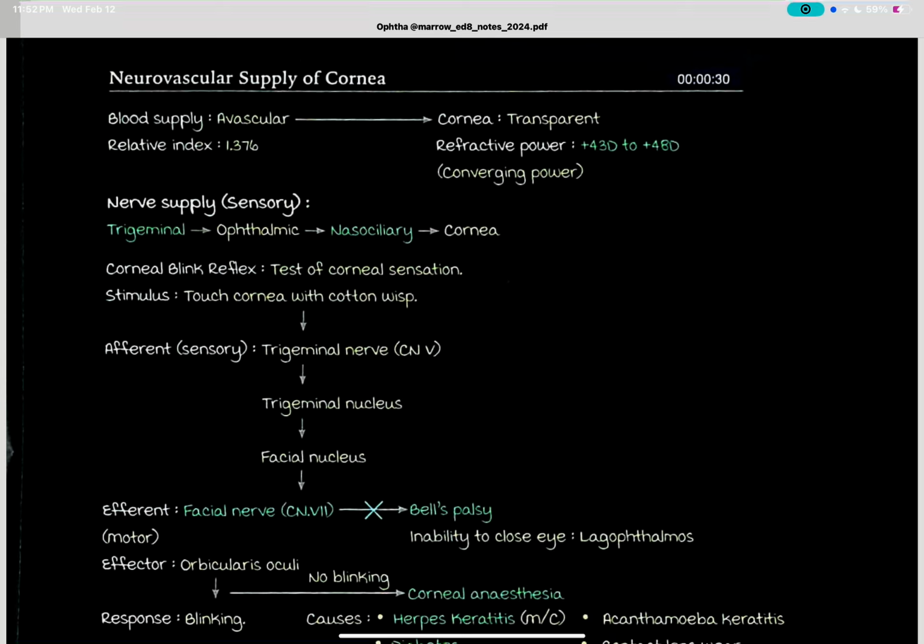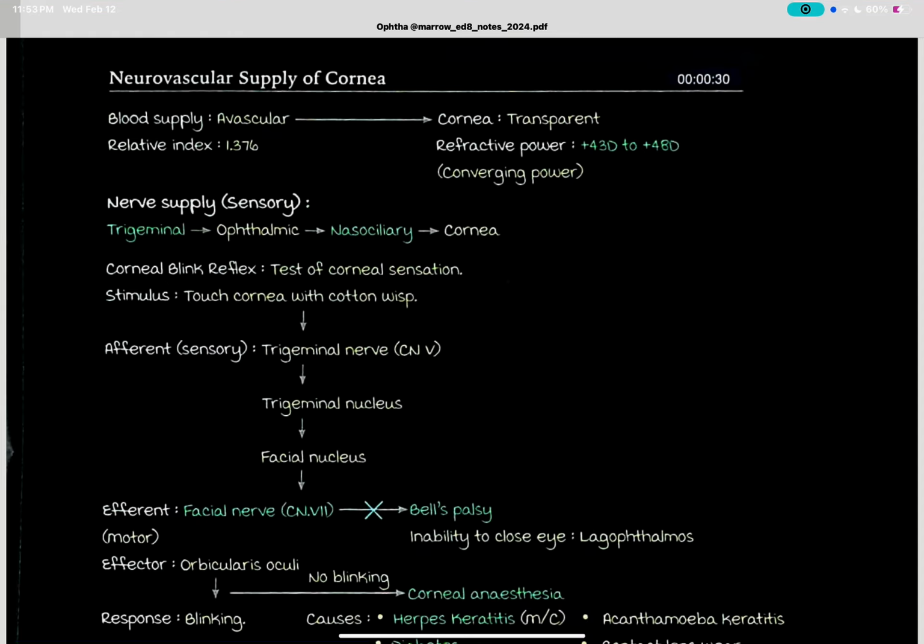What is the refractive power of cornea? Plus 43 diopter to 48 diopter, converging power. Refractive index of the cornea is 1.376.